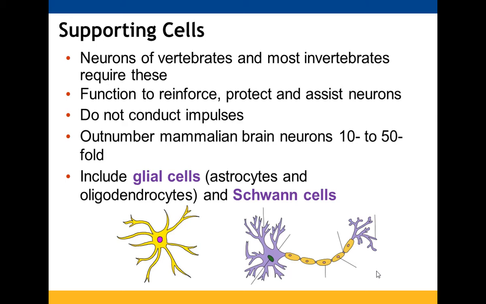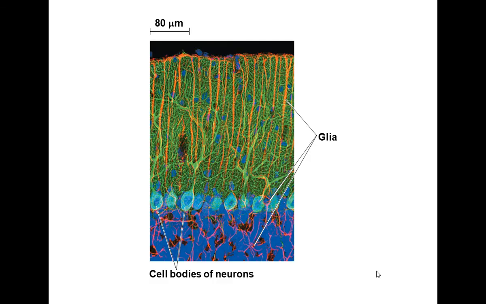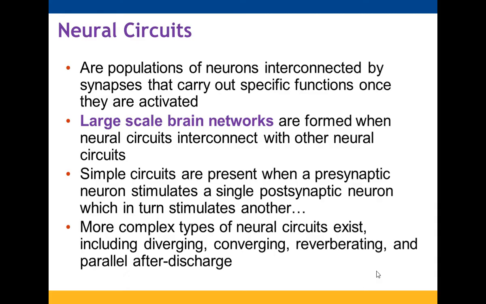We'll talk about those a little bit more later, and your Schwann cells. The glial cells, the astrocytes and oligodendrocytes, the example of it is the one on the left, the Schwann cell is the one on the right, and it's the purple one. Okay, so there you can see all the glia that are surrounding your neurons.